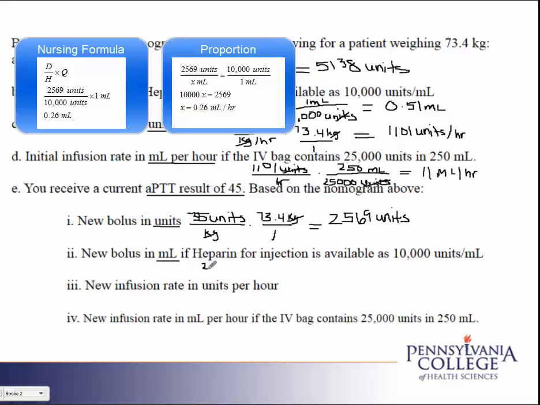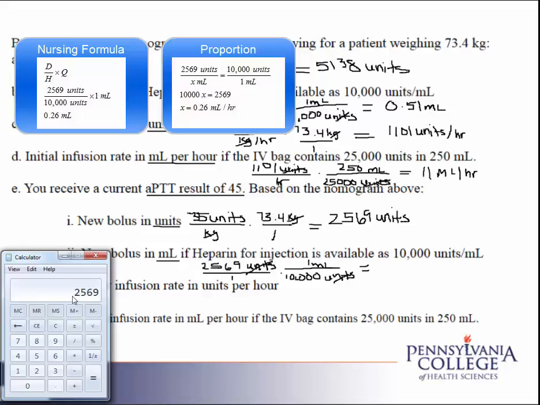I can use dimensional analysis to do this. I can use the nursing formula. I can use a proportion, whichever method is most comfortable for me. I'm going to set it up as dimensional analysis, but you can use any of the methods. Again, I'm going to go to my calculator to do the math. The label of units cancels to give me a label of milliliters.